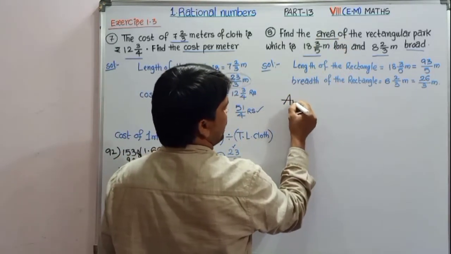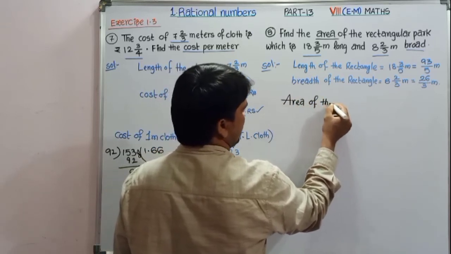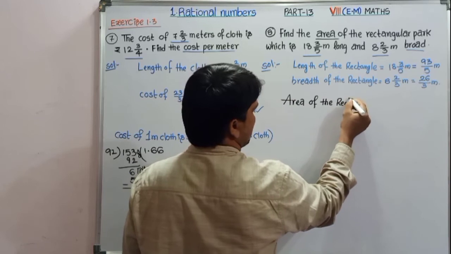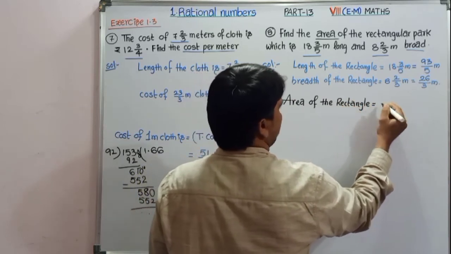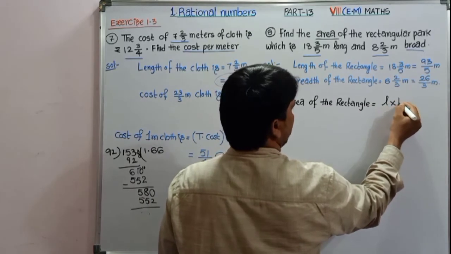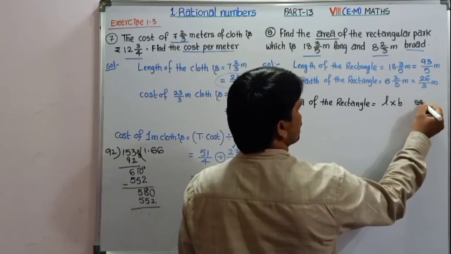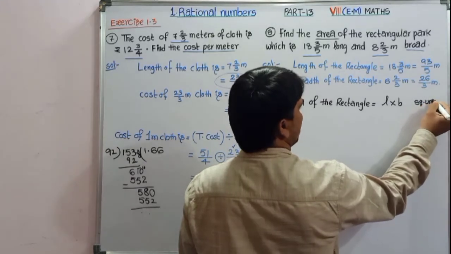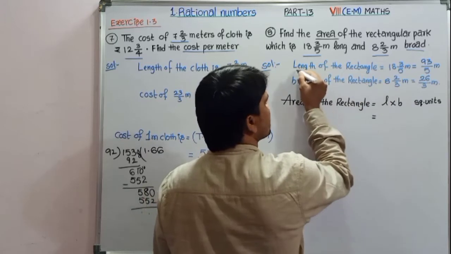The area of the rectangle is given by the formula product of length and breadth. The units are square units. So substitute the values.